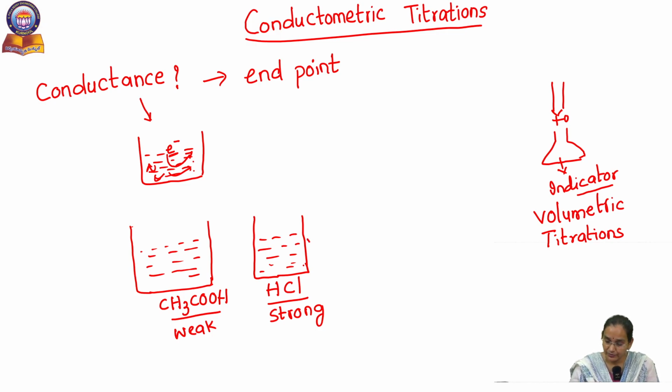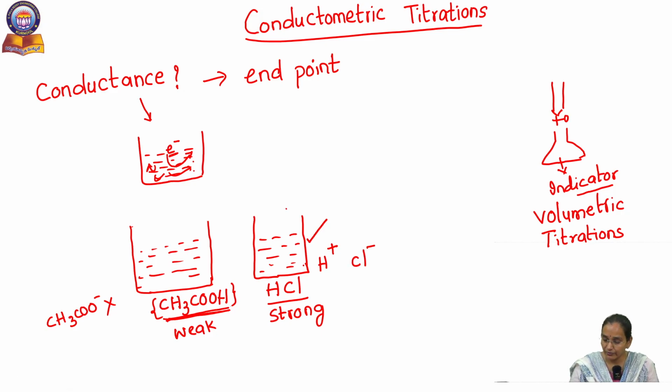Generally, for HCl the conductance is more when compared with acetic acid. Why? Because acetic acid generally doesn't exist as ions like CH3COO minus. It initially exists as acetic acid. It doesn't have any ions to accept the electrons and flow throughout the solution. Now coming to HCl, it exists as ions, H plus and Cl minus.